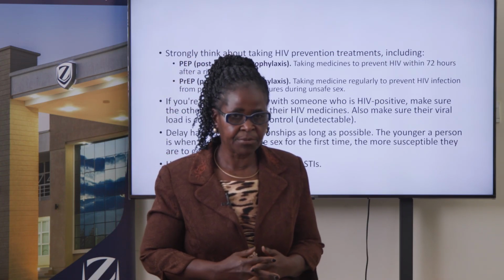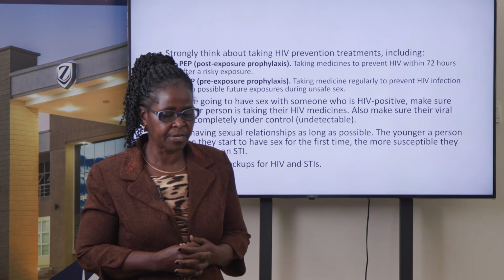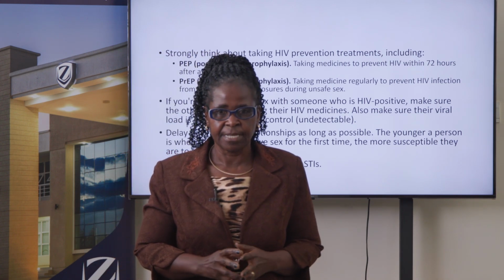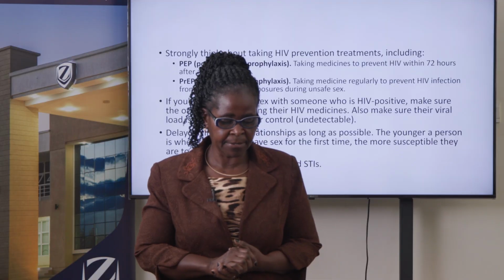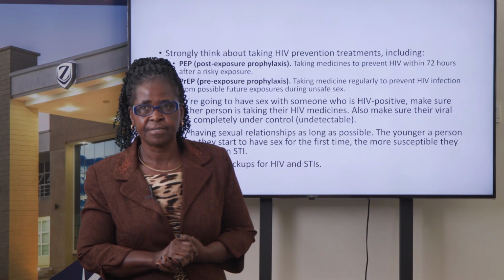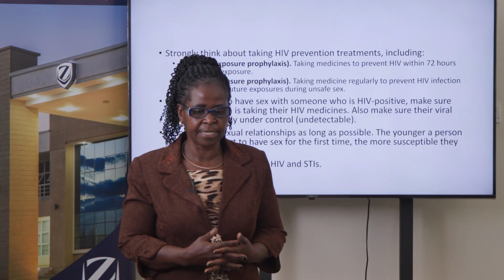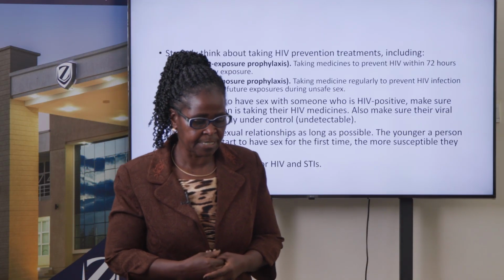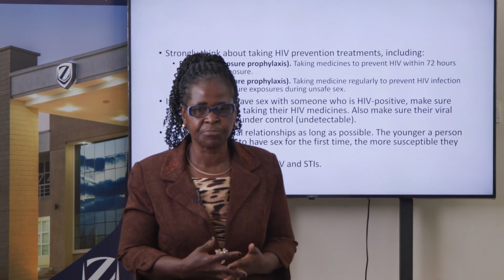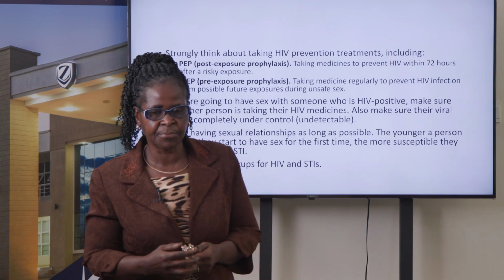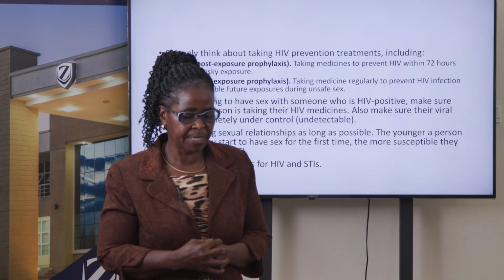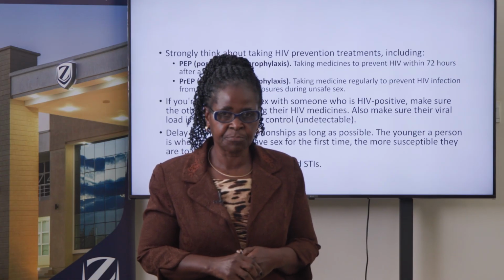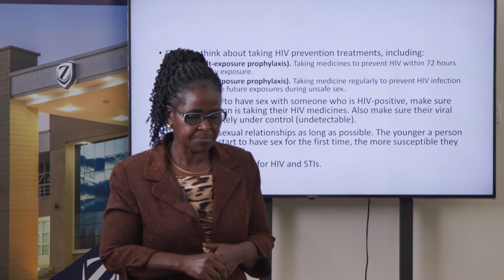The other thing we need to do is to strongly think about taking HIV prevention treatments. Like if one has maybe accidentally been exposed to sex without consent, or a risky exposure, giving an example like rape, we have medication that we can use which is called PEP, post-exposure prophylaxis.